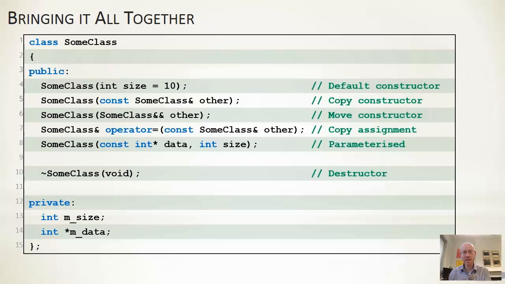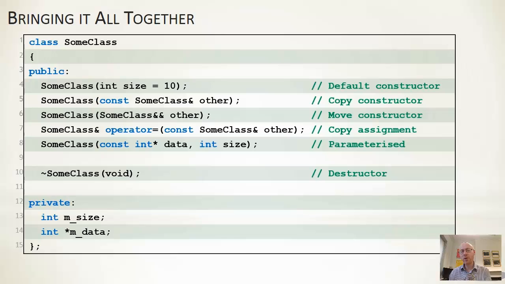Line 6 then, we have a move constructor. You can see here we're passing in, not a reference, but we've added an extra ampersand character, so it's basically viewed as a reference to the other one, but this is using move semantics as opposed to copy semantics.